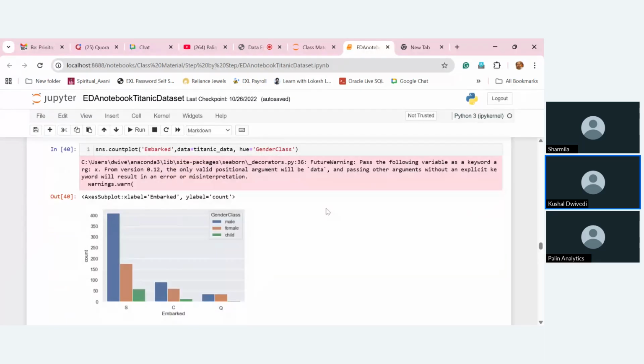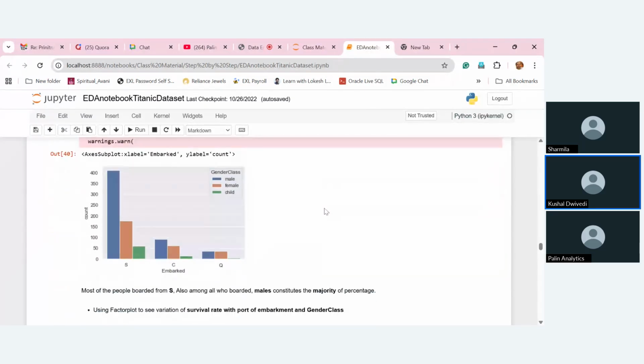Then the survival rate comparison by embarked, meaning where people boarded. Who has the higher survival rate? Here you can see Southampton, Cherbourg, and Queenstown. Overall, in Southampton males were very high, then females and very few children. From Queenstown there were almost no children and very few males and females.